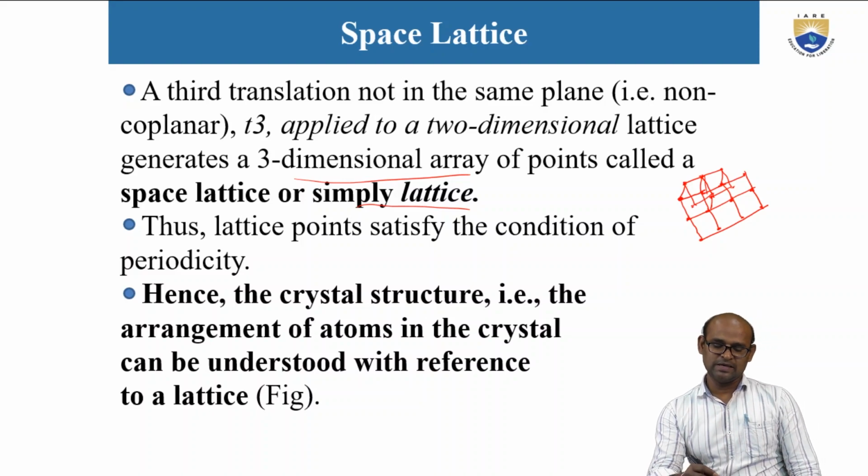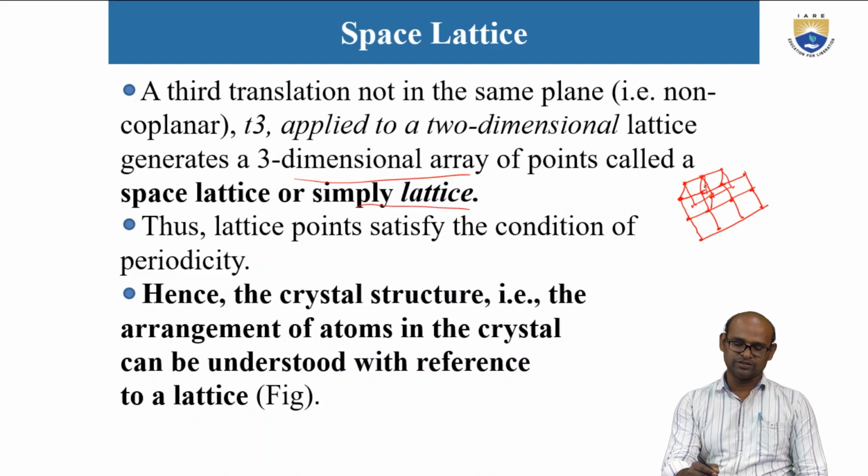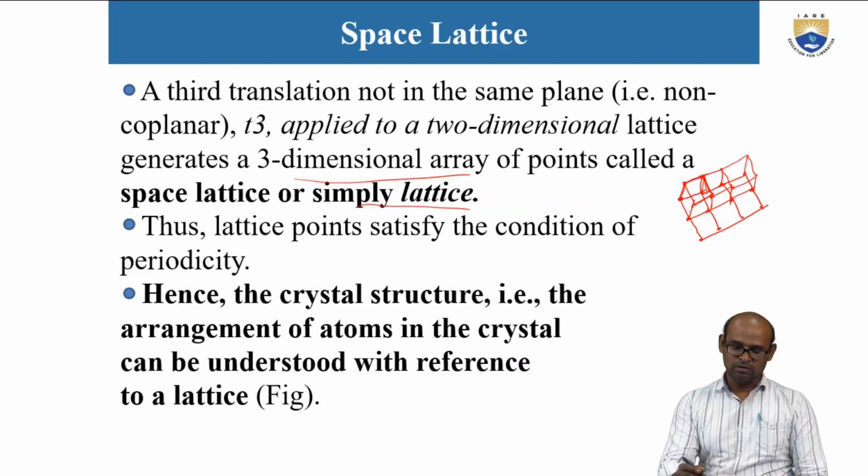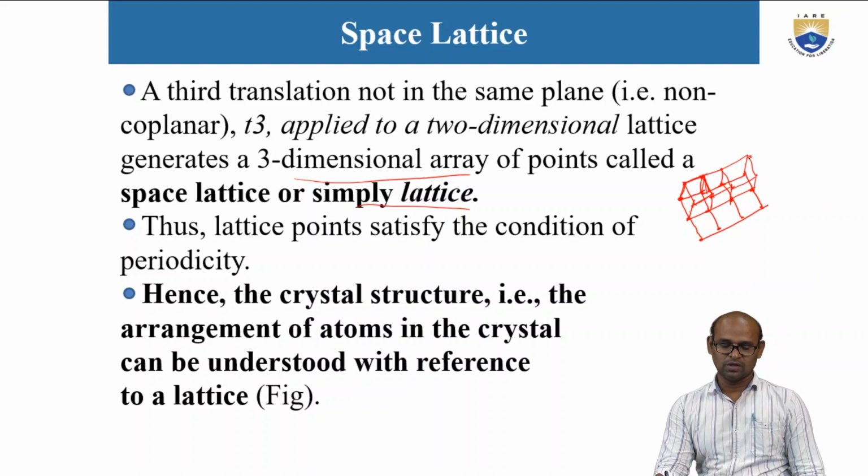You can clearly see that when I applied the translation in the other direction, not in the same plane, I am generating a cubic lattice. Basically, at every point I am able to generate cubes, so you can generate a three-dimensional structure by applying translation along a third direction.